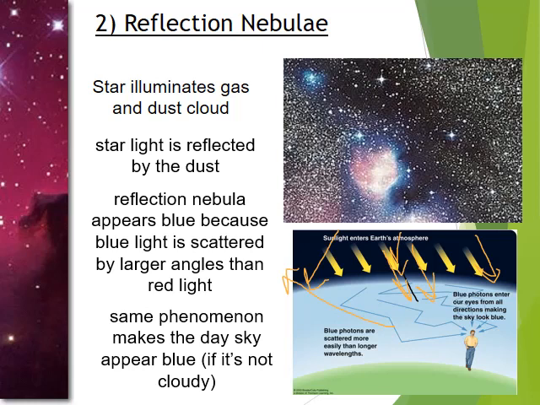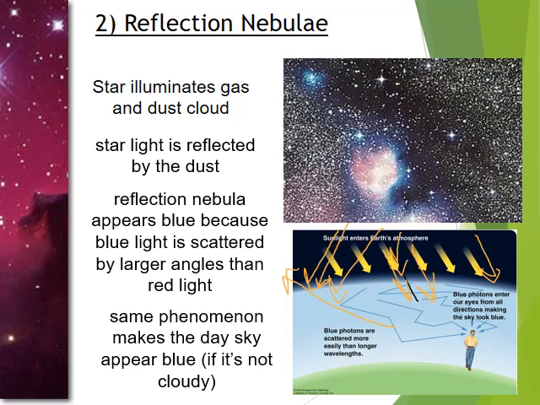Now, obviously, the light that's coming straight down comes straight into your eyes. But when you look off, not at the sun but at another part of the sky, if you were on the moon, you would see nothing but the blackness of space because there's no light coming in. But because we have an atmosphere, the light from the sun comes in and gets scattered by the molecules of the air, mostly nitrogen and oxygen.